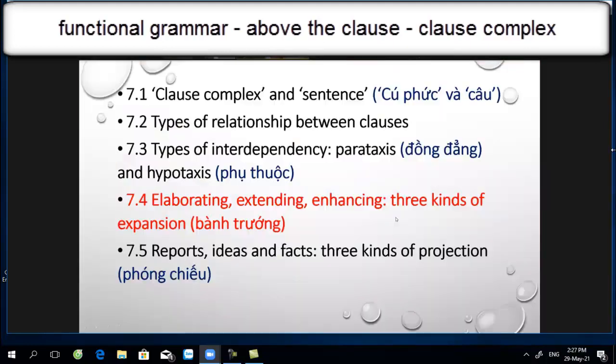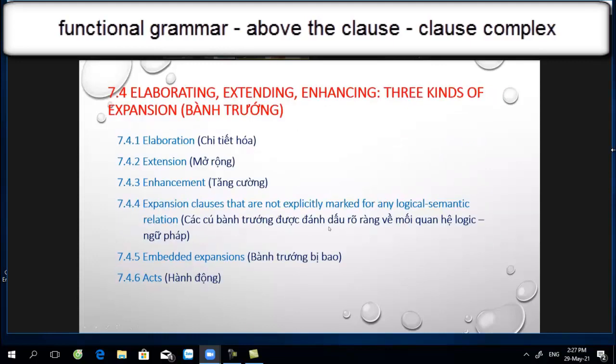So the next. There are 5 parts in our presentation, and Miss Wen has told you about the third one. So it's my part to tell about 7.4, elaborating, extending, enhancing, the 3 kinds of expansion.